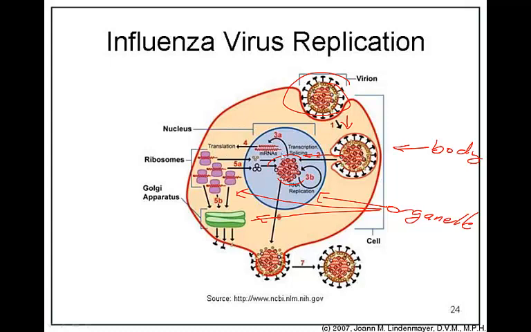So it's going to use the normal functioning process of the cell, but it takes it over by basically providing a new script, a new book that's going to define what these things are that are made. And so we've got proteins that are produced through the translation. The ribosomes are going to fold those and pleat those and make those useful. The Golgi apparatus might be a process that we use to produce some of those protein structures on the outer portion of the cell.